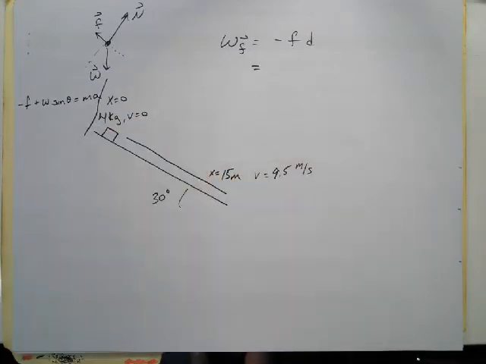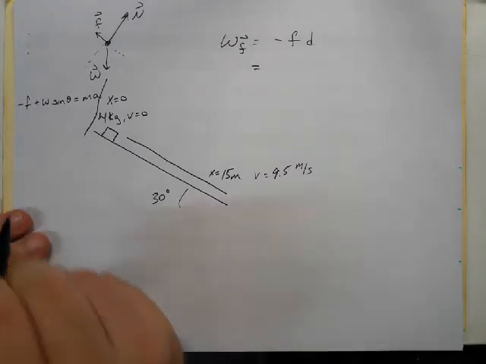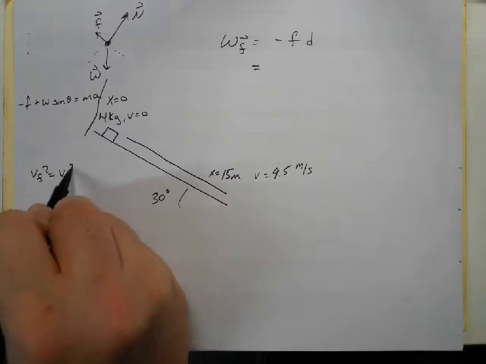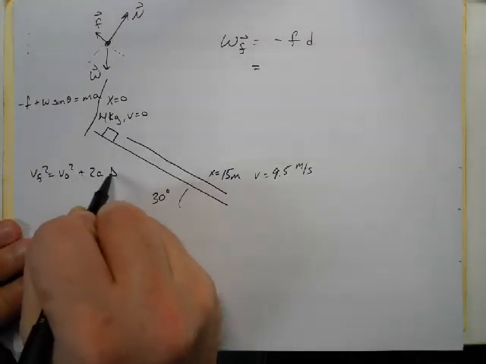But we don't have a good way of getting the acceleration, do we? I mean, we have initial and final velocity and distance. Yeah, I guess we could. So we can get the acceleration. V final squared is V initial squared plus 2a delta x.